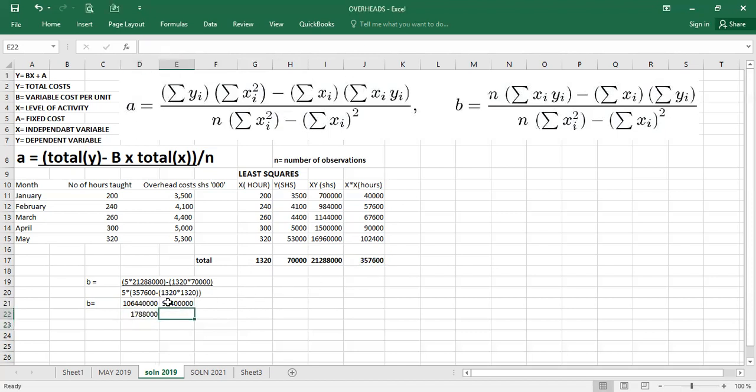Then for this, it will be equal sign 1320 multiplied by 1320, which will give us that. So when we deduct this, this minus this, we shall be getting that.